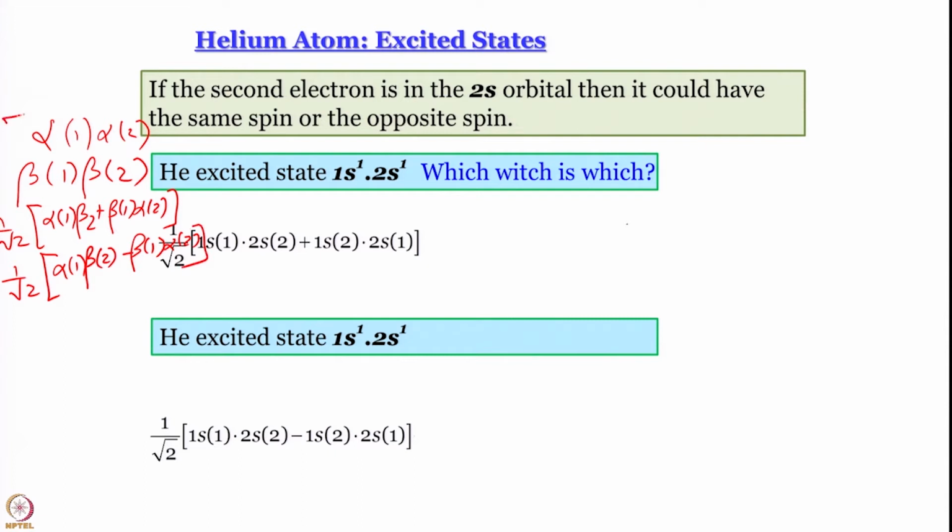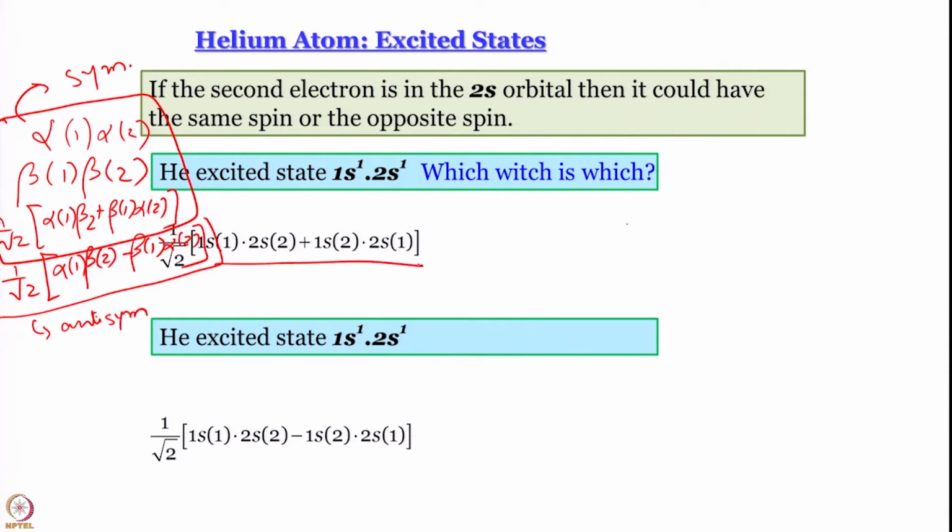Now, these three wave functions are symmetric with respect to exchange. This lone wave function is antisymmetric with respect to exchange, and here the spatial part is symmetric.